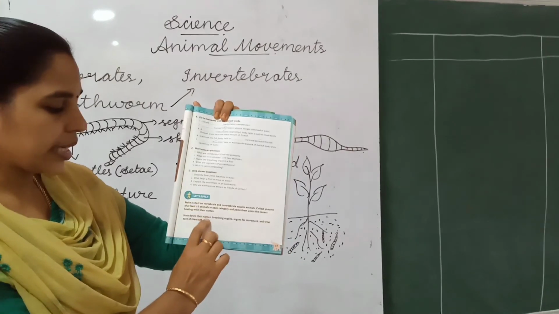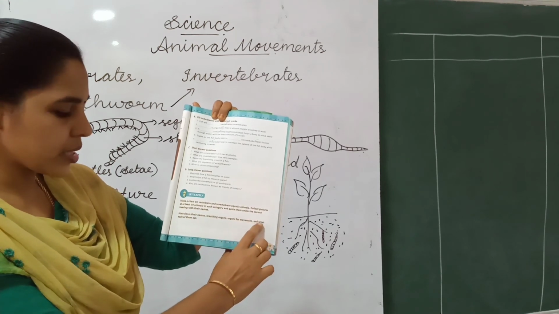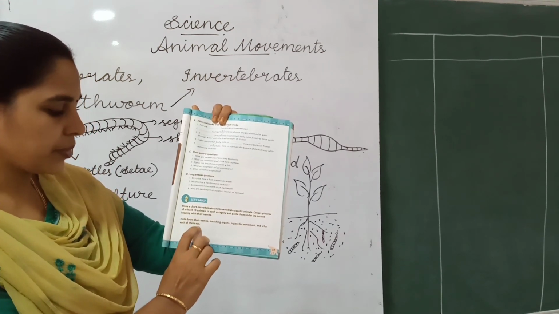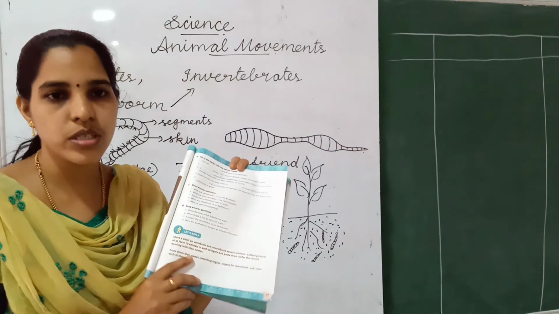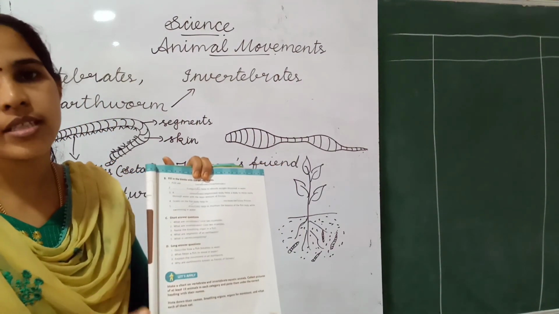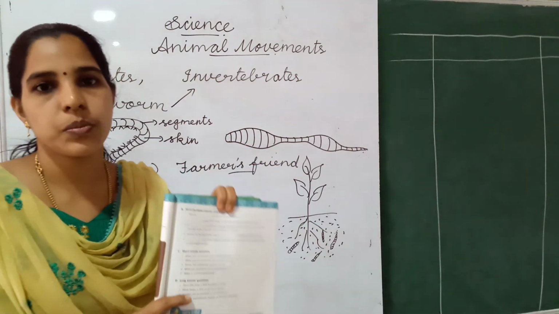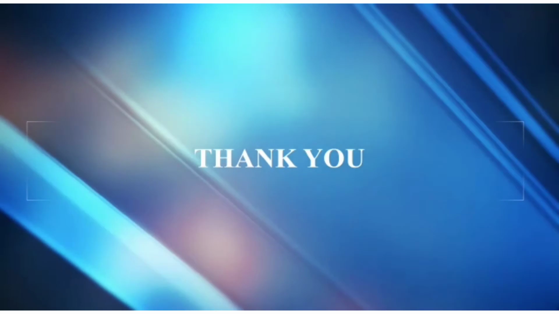Note down their names, breathing organs, organs for movement, and what each of them ate. Did you understand the question? After completing this activity, please take a photo and send it to me through the WhatsApp group. Okay? Thank you.